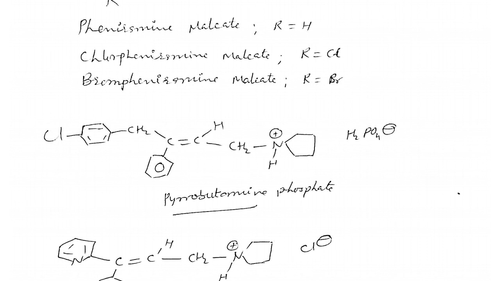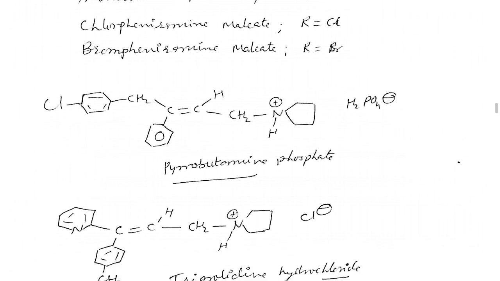This is the butyl group, so a double bond containing butene, 2-butene, you can say. So the 2-butene group can be substituted by one carbon with a phenyl group, one carbon with a chlorophenyl group, and another carbon with pyrrolidine. With these ring substitutions, the compound becomes pyrrobutamine phosphate. Because the nitrogen forms a salt, it is converted to pyrrobutamine phosphate.